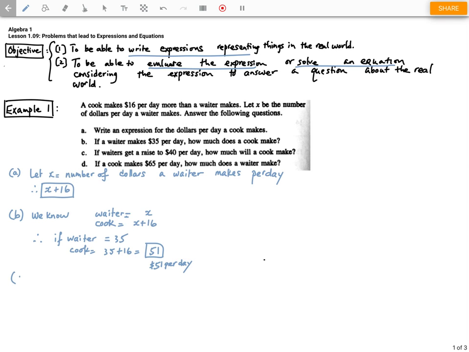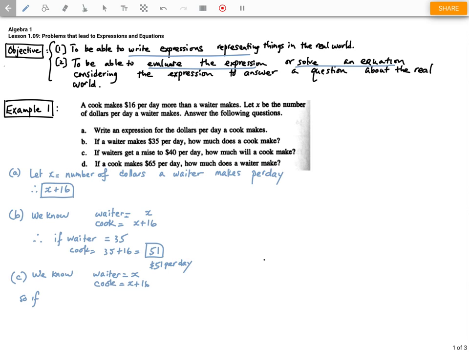Now let's look at 1C. If waiters get a raise to $40 per day, how much will a cook make? Well, again, we know waiter makes X, cook makes X plus 16.